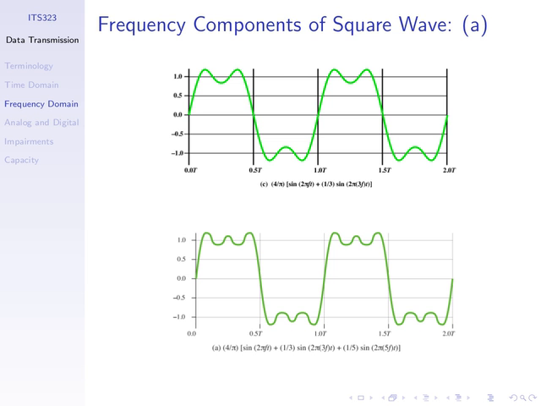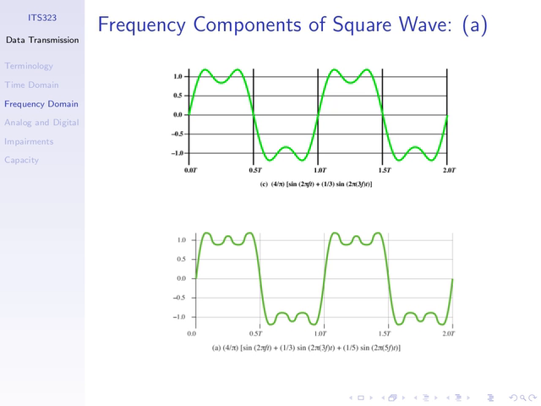We plot that just quickly. 2 components. The first component has a frequency of 2 megahertz. The second component has a frequency of 6 megahertz, 3 times 2. Scale's not so good.